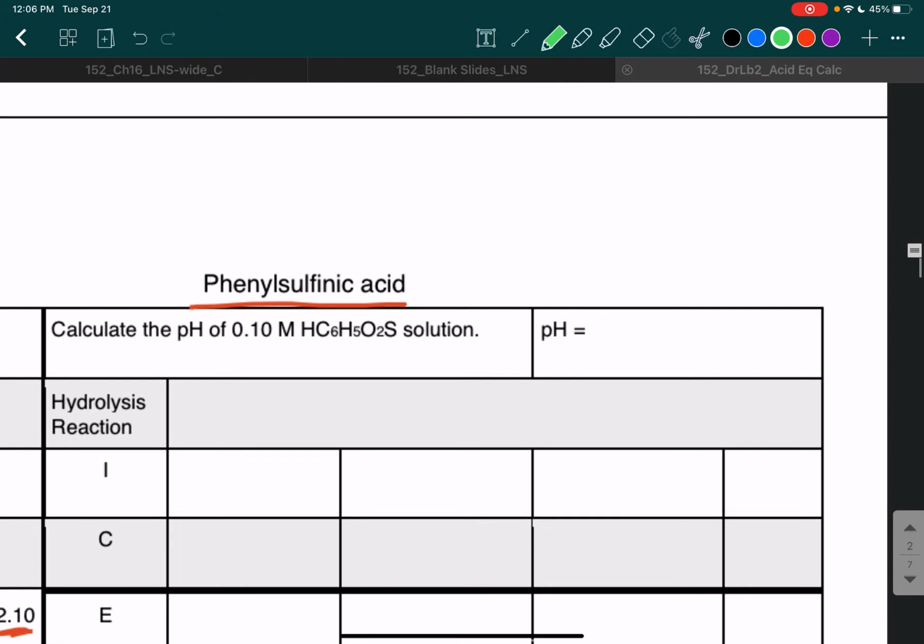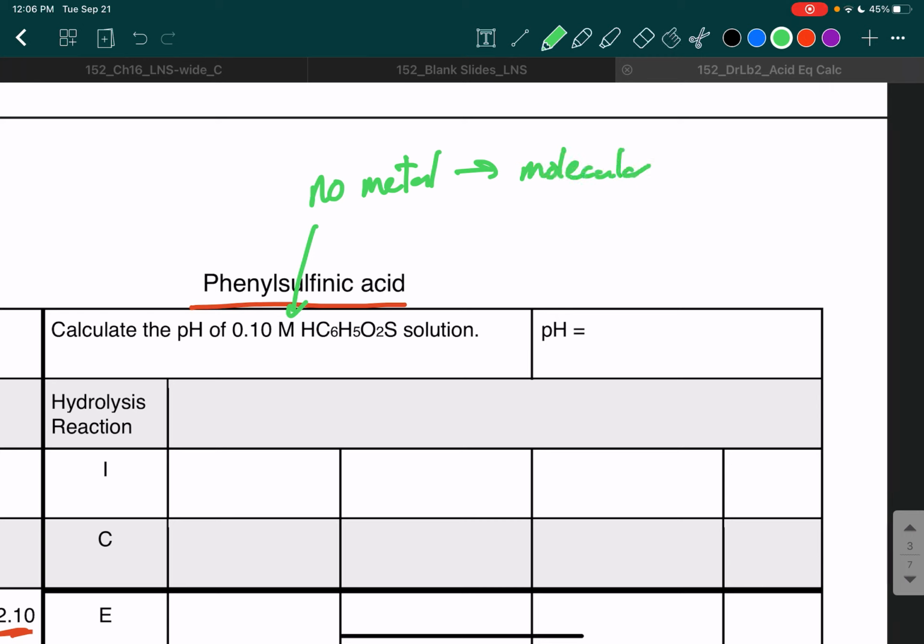Whereas here, since there's no metal in front, that means we're dealing with a molecular compound. So like this one, for my sanity, instead of rewriting that entire formula, PHS or something.